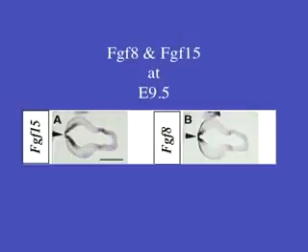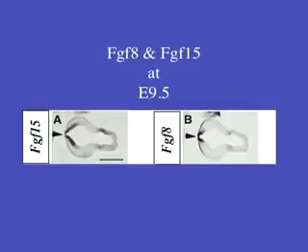Okay, so look at FGF8 and FGF15 expression at a younger age. Embryonic day 9.5. FGF8 is right here at the front of the developing telencephalon. That would have been the anterior neural ridge one day earlier during gastrulation. And then FGF15 is expressed in an overlapping pattern in the front, but then expands much more extensively within the developing telencephalon.